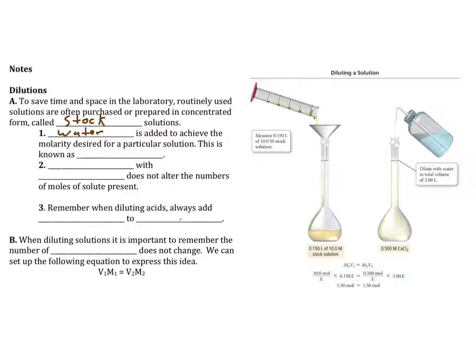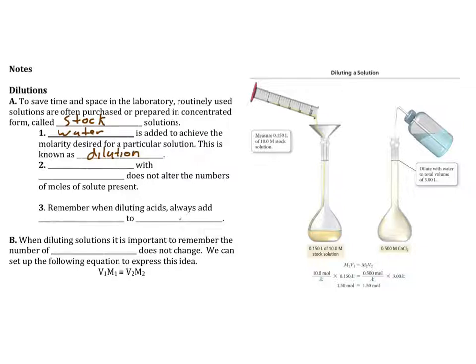If we wanted a 2 molar solution, we can pour out some of that acid and add it to water. This is known as dilution. Again, you're diluting the concentrated solution until you get to the concentration that you wanted.